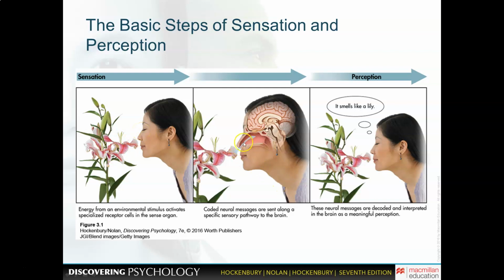Then once that information goes into her olfactory senses, it goes up into the brain and starts to process. And then the third step is when finally perception is achieved. So she says to herself, oh, it smells like a lily. And so those are the three basic steps of sensation and perception.